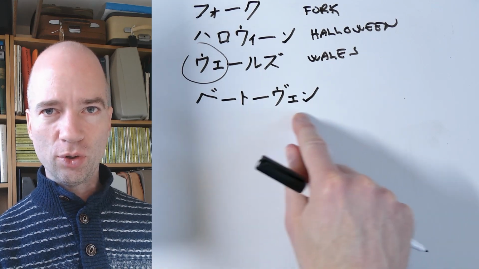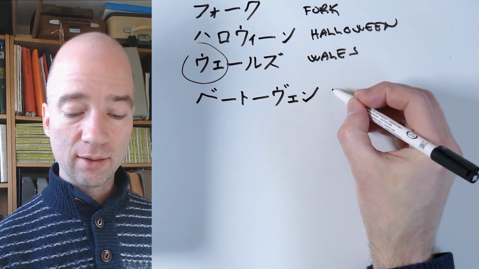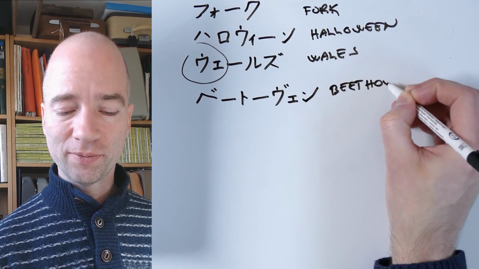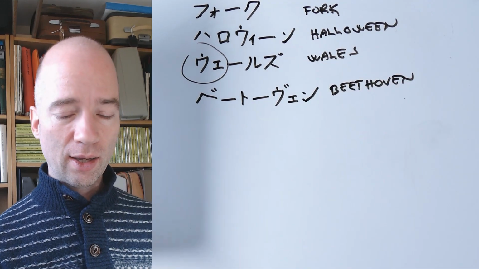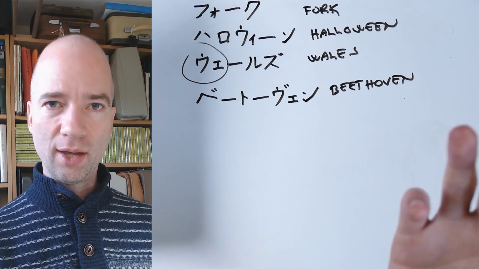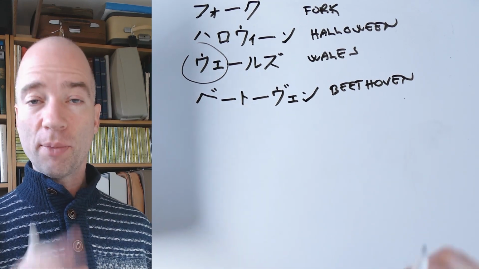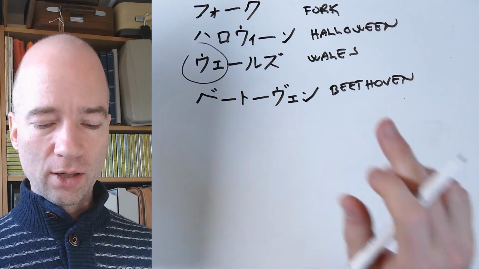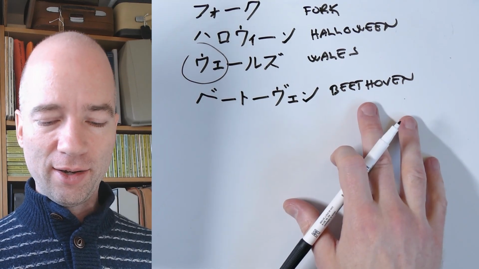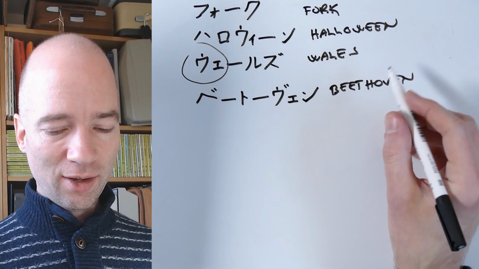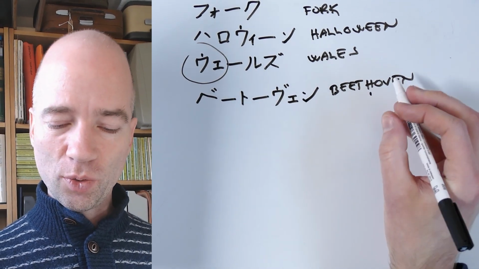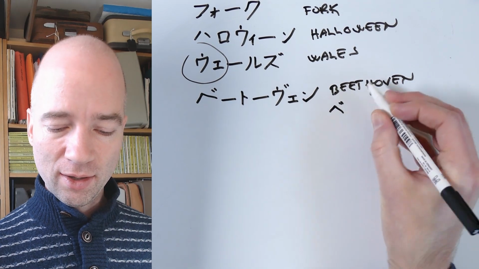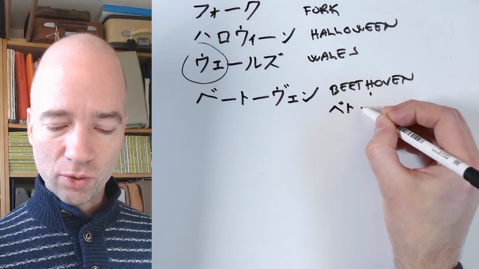Beethoven. And this is the composer Beethoven. And this highlights another interesting thing about the way that Japanese transcribes foreign words. Because in English and in German, there is an H there. So you might think that it would be written Beethoven.